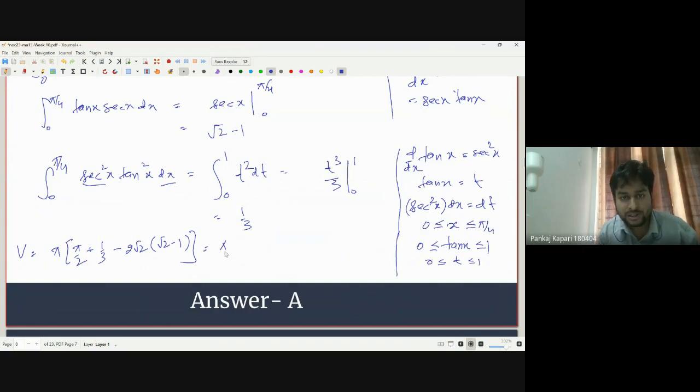Let's simplify this. We have pi outside, then pi by 2 plus 1 by 3 minus 4 plus 2 root 2.